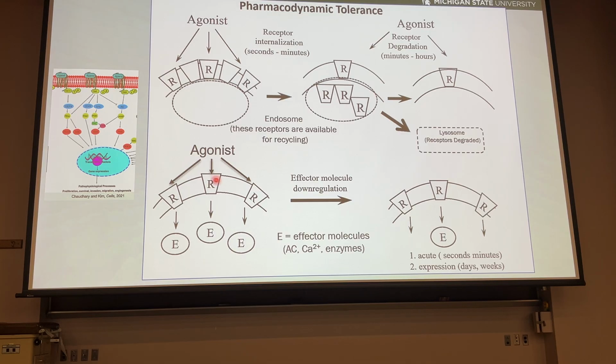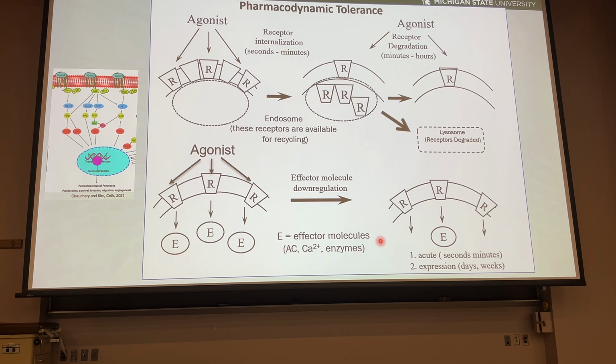You have an agonist binding to its receptor, same as the first situation, but here these receptors activate effector proteins. These effector proteins can be recycled or broken down, and it's the same thing. If they just recycled, it's quick, minutes to seconds. If they're broken down and need to be re-expressed from the nucleus, it's longer. It would take days.